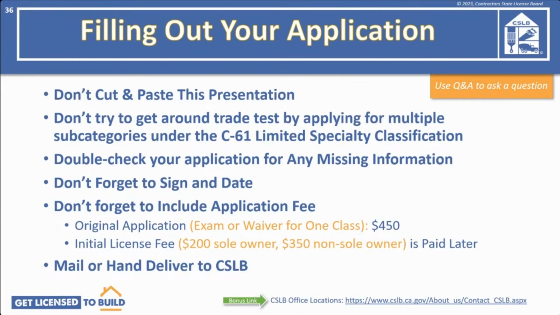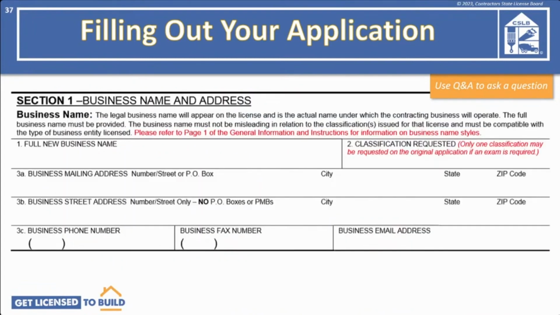Parts of the application, Section 1, business name and address. Now that we have gone through the information you'll need to include, here's a closer look at the application so you can see where the information goes. Section 1 is where you list your business name. Remember, when selecting a business name, make sure the name that you have selected is compatible with the classification and the entity that you are applying for and is not misleading.